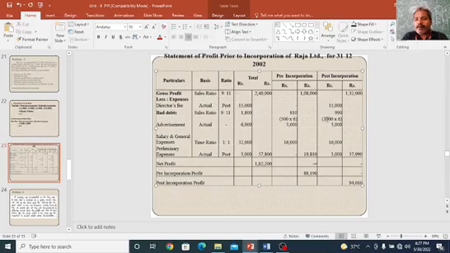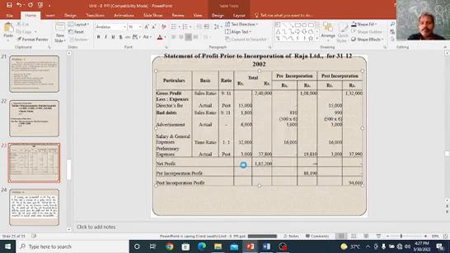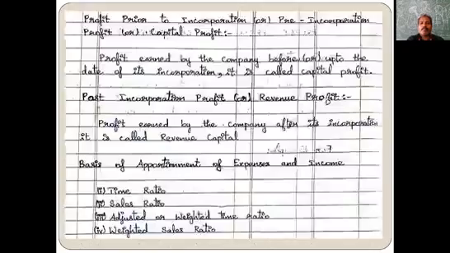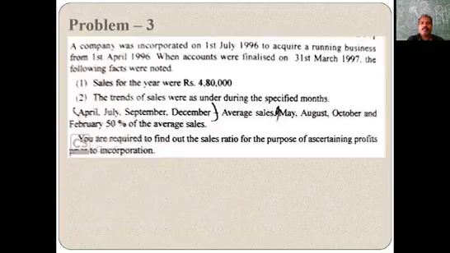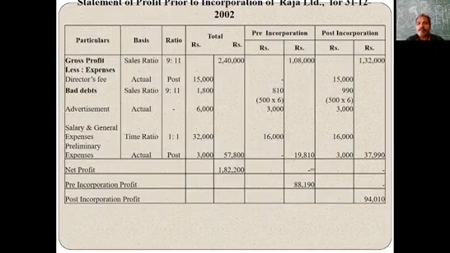Here 500. 500 into 6, 3,000. Then again 500 into 6, 3,000.